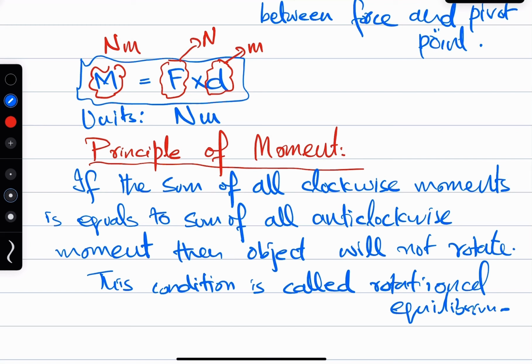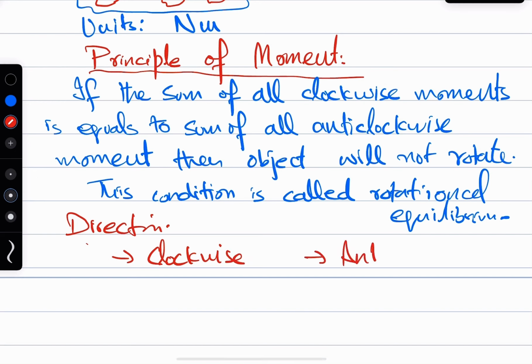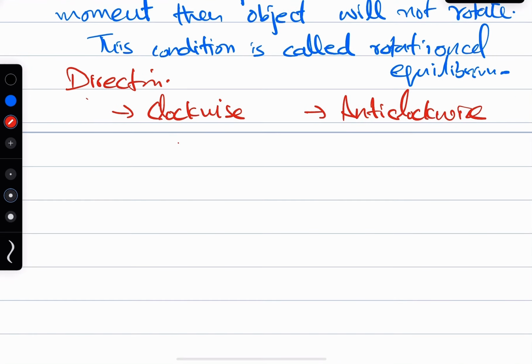Okay, what are the possible directions for the moment? The directions of moment can be clockwise or anti-clockwise. If we consider the clock, there is 12, 1, 2, 3, 4, 5, 6, 7, 8, 11, and let's suppose there is a needle. If the needle is at this point, it will move in this direction.